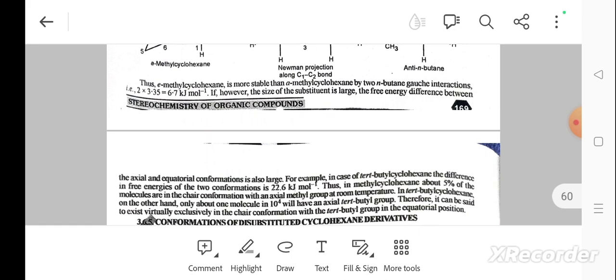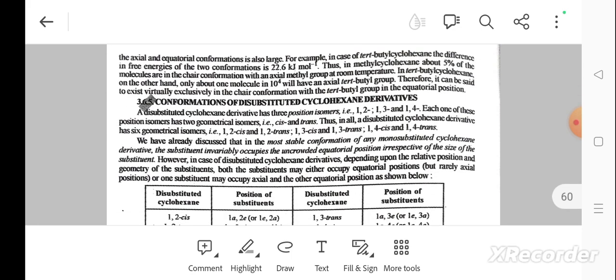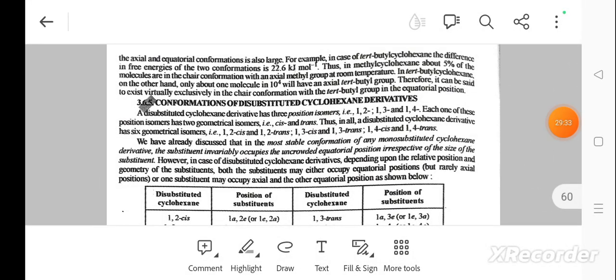The stereochemistry preference of the axial over the equatorial configuration is also larger for bigger groups. For example, in the case of tert-butylcyclohexane, the difference in the free energy of the two configurations is 22.6 kilojoule per mole.